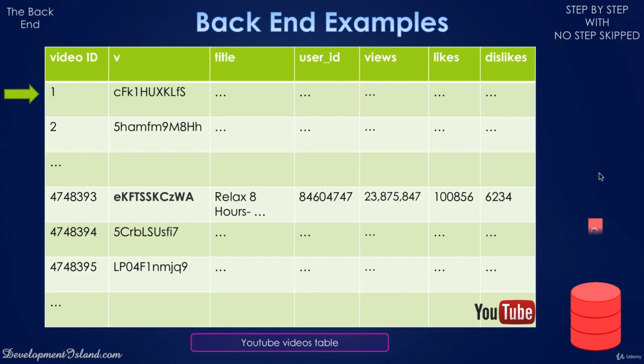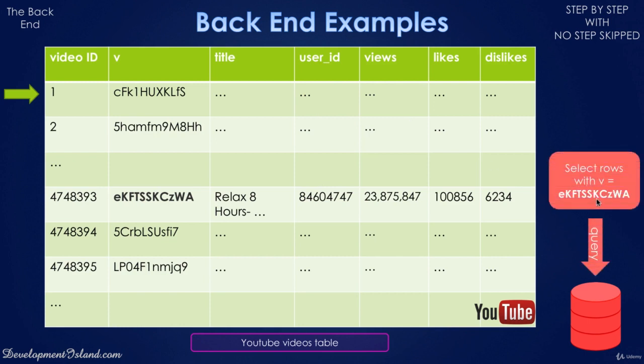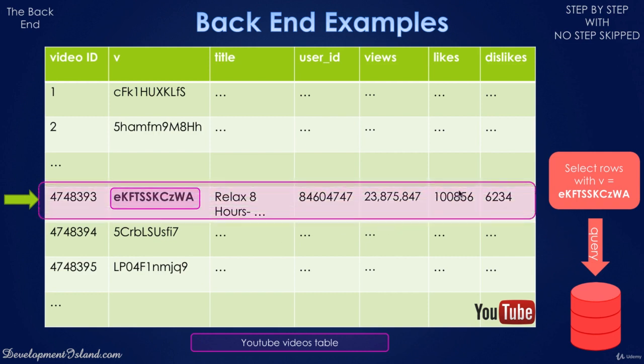So we are interested now in the video with the v value, which is equal to that value. So inside the database, we're going to look for that video, and once we find that value, then that's the row we are looking for. So what's going to happen now is we're going to get all the details of that row, and that corresponds to the details of our video.